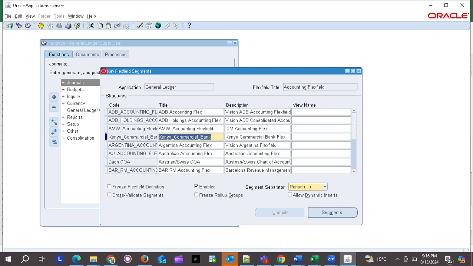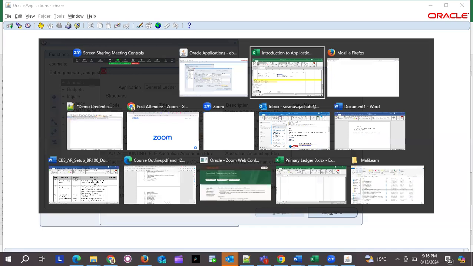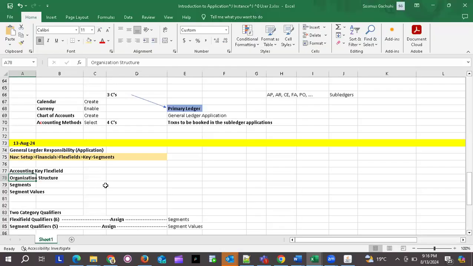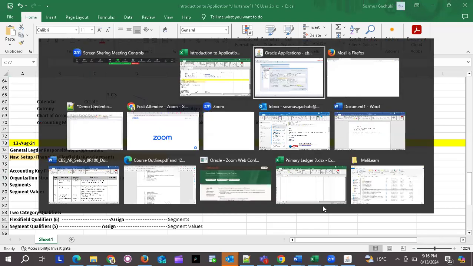Once you have been able to create the structure name, for instance, this is our structure name. Let me copy it somewhere and paste it here. Now you can go ahead to segments.